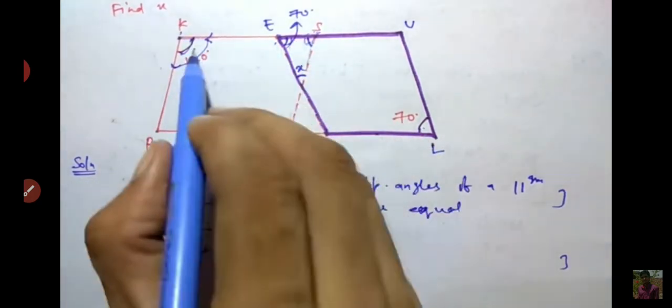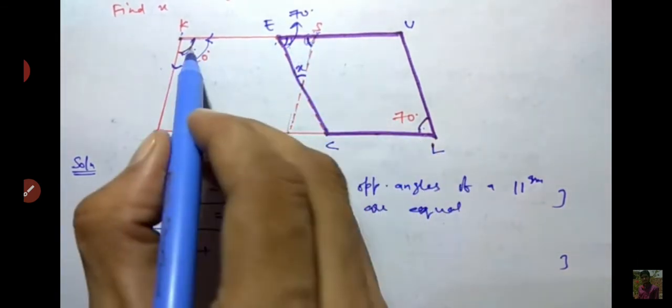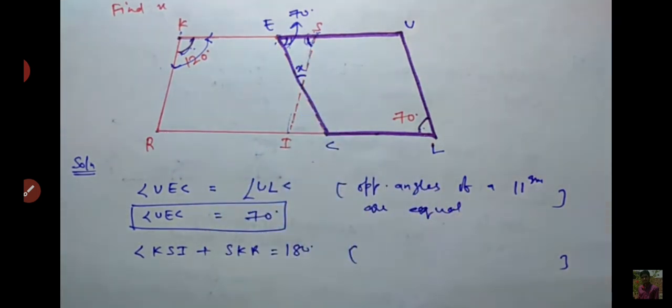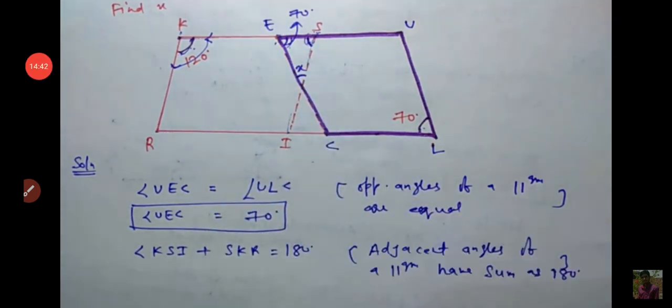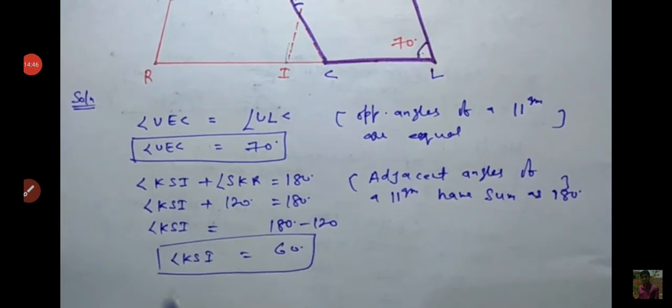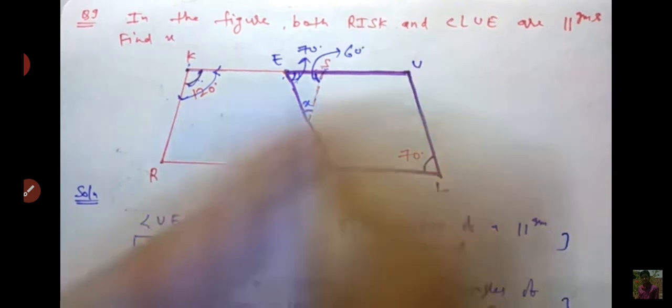Understand? So the reason you write is that adjacent angles of a parallelogram are 180 degrees. So we have to find 180 minus 120, that is angle KSI. So angle S becomes 60 degrees.